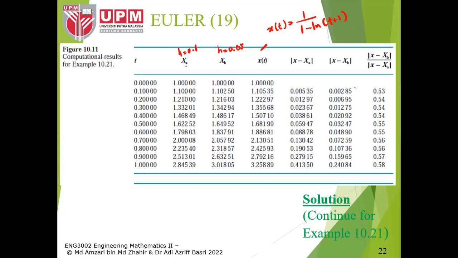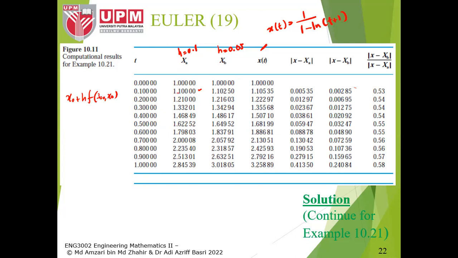We start with XA first. In order to get this value, you need to calculate the XA. The second value is X node plus h f of t node, X node.